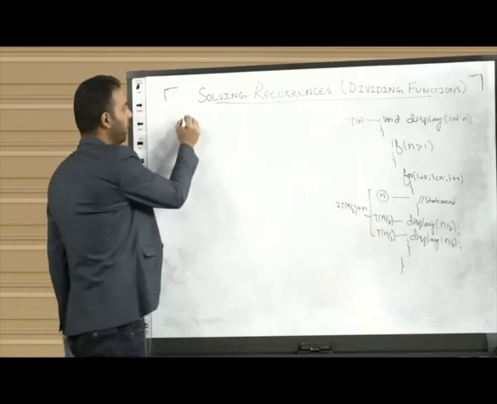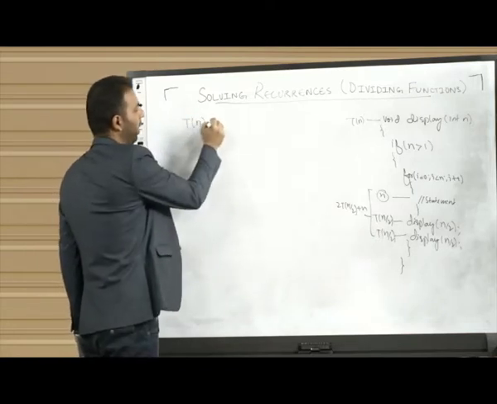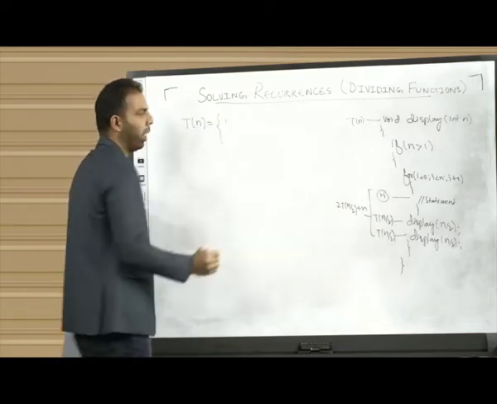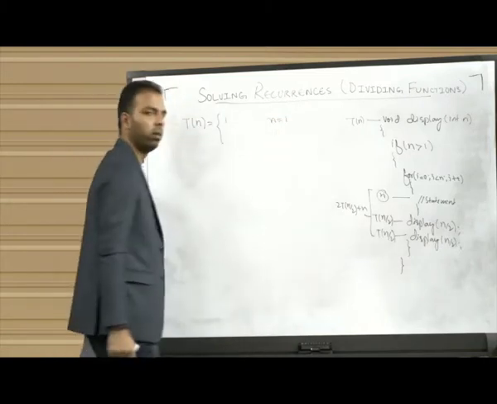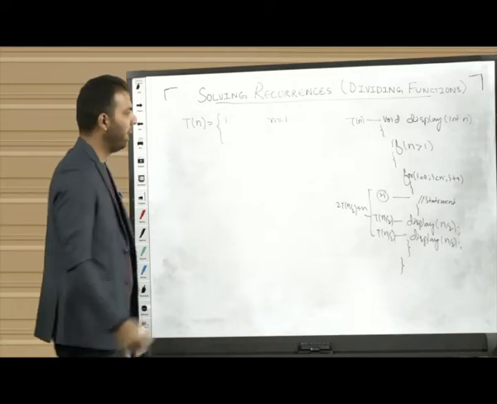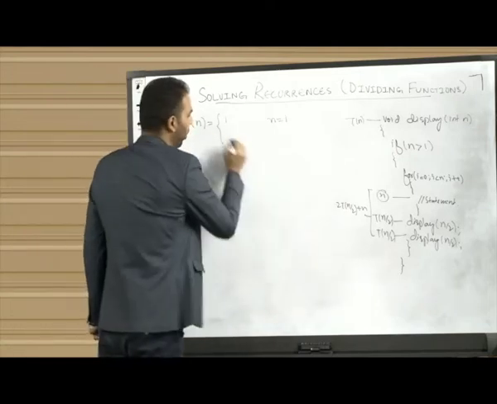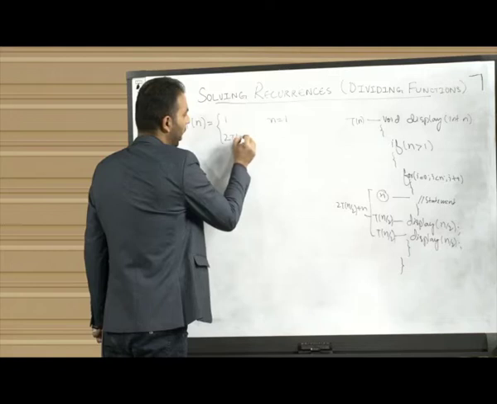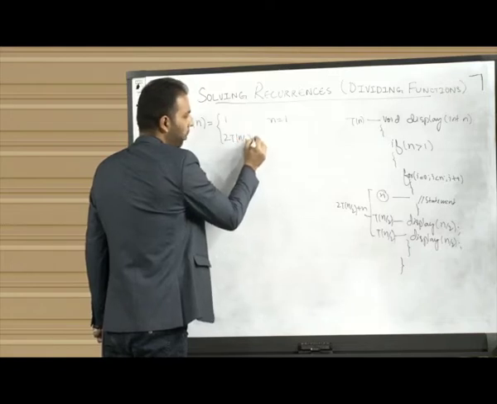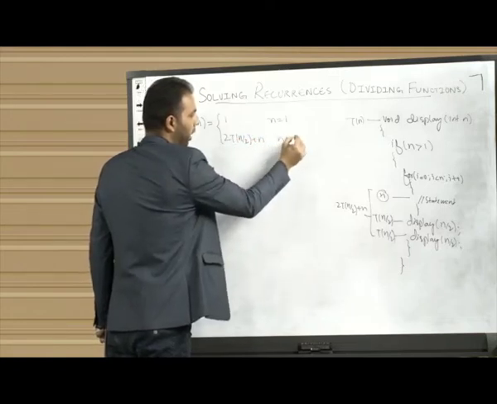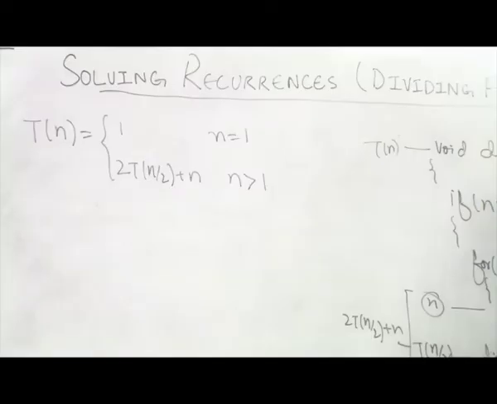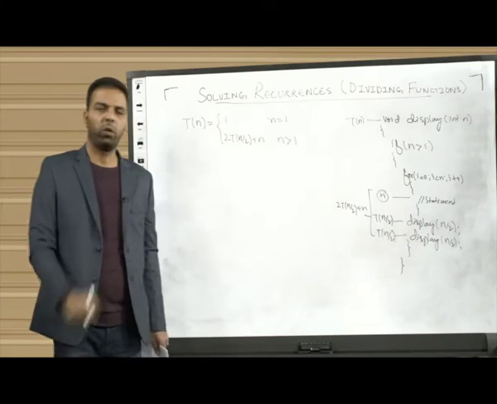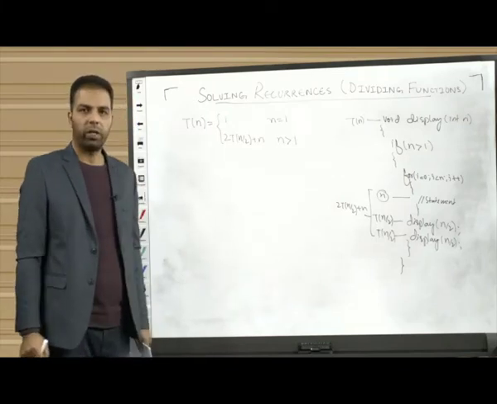So we have a recurrence: t of n is equal to 1 when n equals 1, and t of n is equal to 2t n by 2 plus n when n is greater than 1.